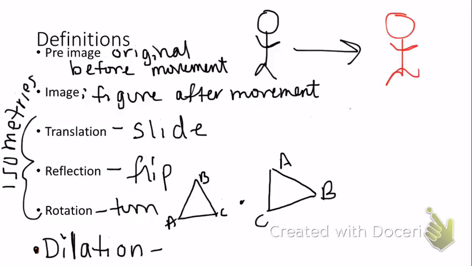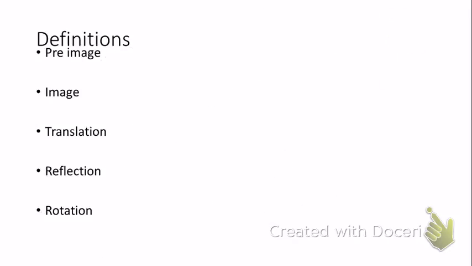Okay. A dilation is when something gets bigger or smaller. And so, like, if you were to look at the pupils of your eyeballs, like when you go to the eye doctor and they put those drops in, they do this thing called dilating your pupils. They're making your pupils larger. But they're still circles.